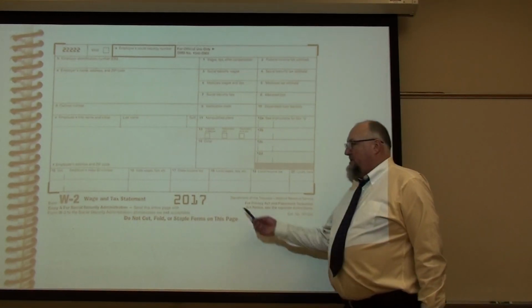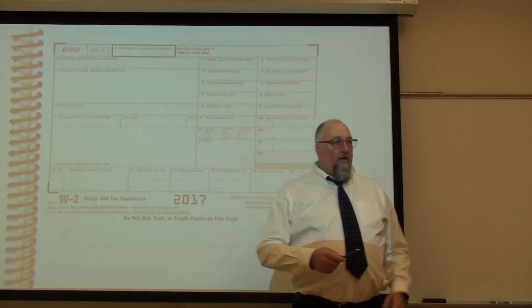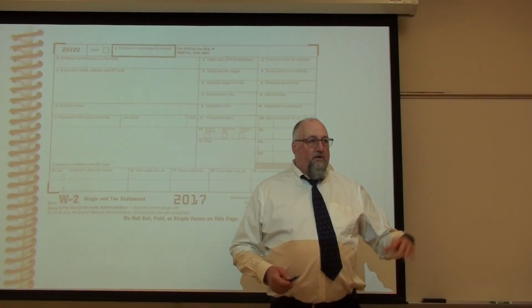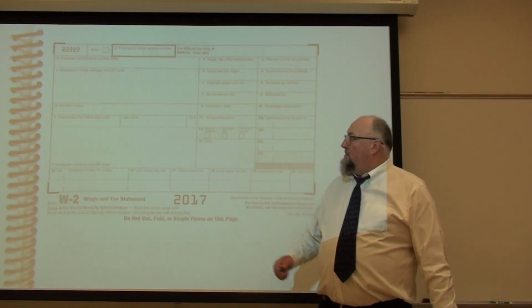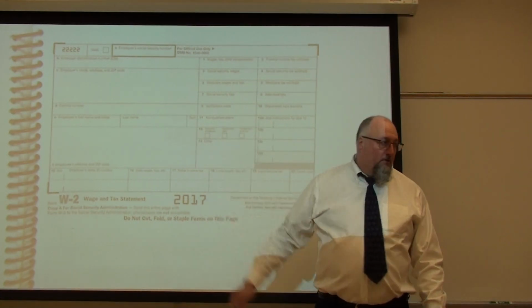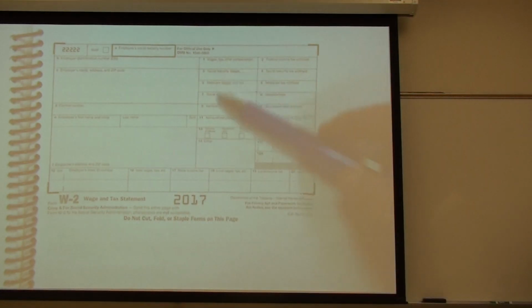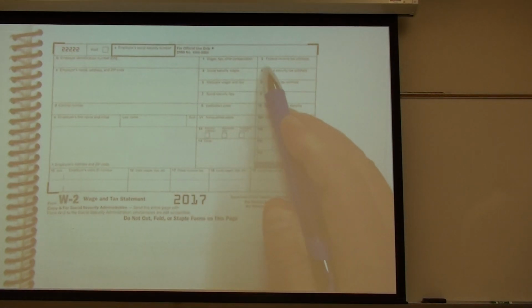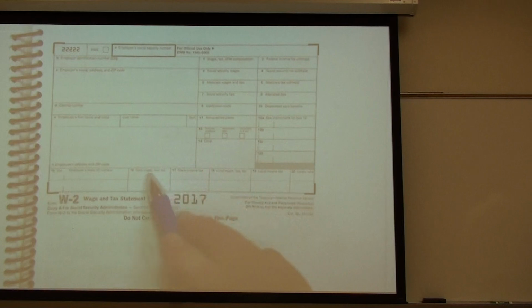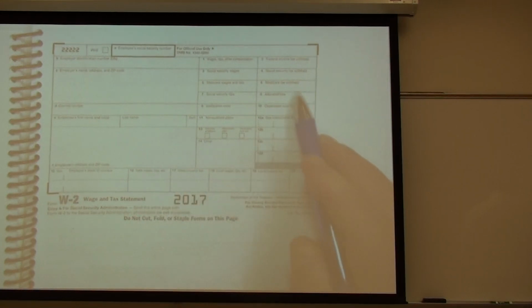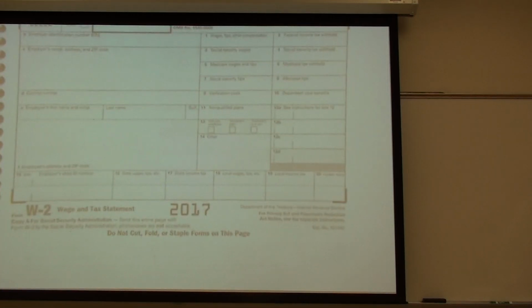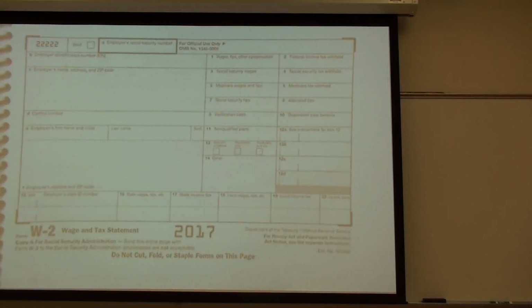So this is a wage statement that must be issued to every employee by the end of January for the previous year to show how much the employee made, total wages, how much was subject to Social Security, how much tax was withheld, federal and state down here, tips, dependent care benefits that are subject to potential tax, health insurance benefits, other kinds of things.